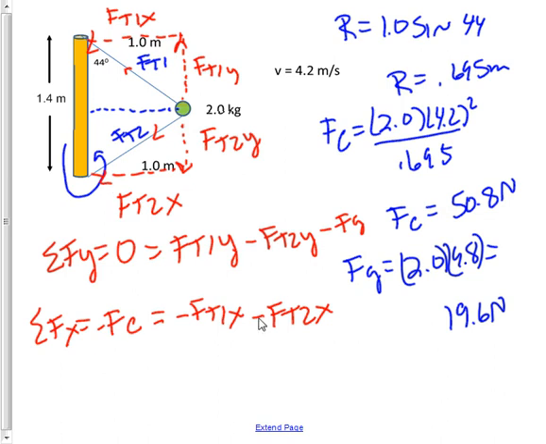Of course, we can factor out a -1 there, and then the force centripetal will equal force tension 1 in the x plus force tension 2 in the x. Okay, in our next video, we'll solve this expression for force tension 2 and force tension 1.